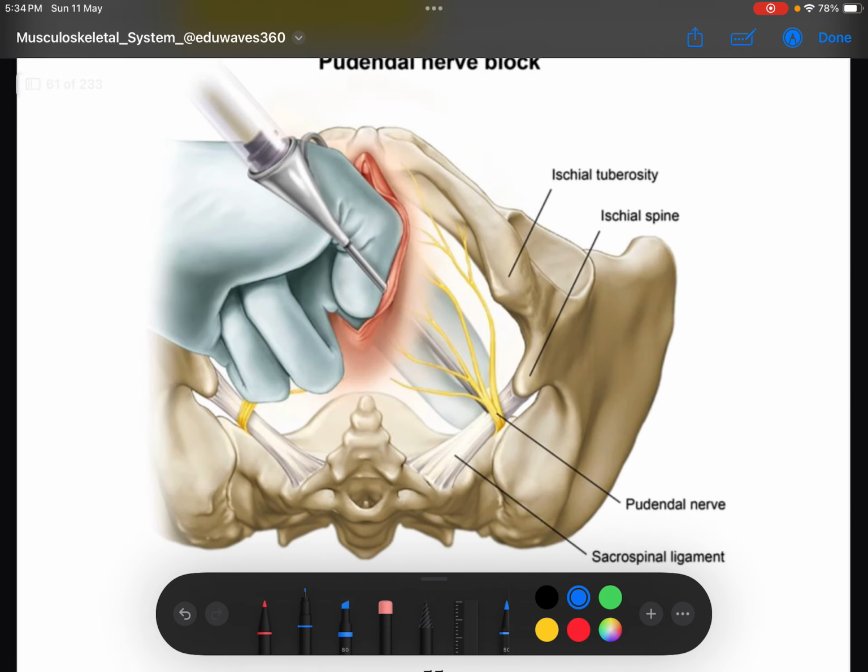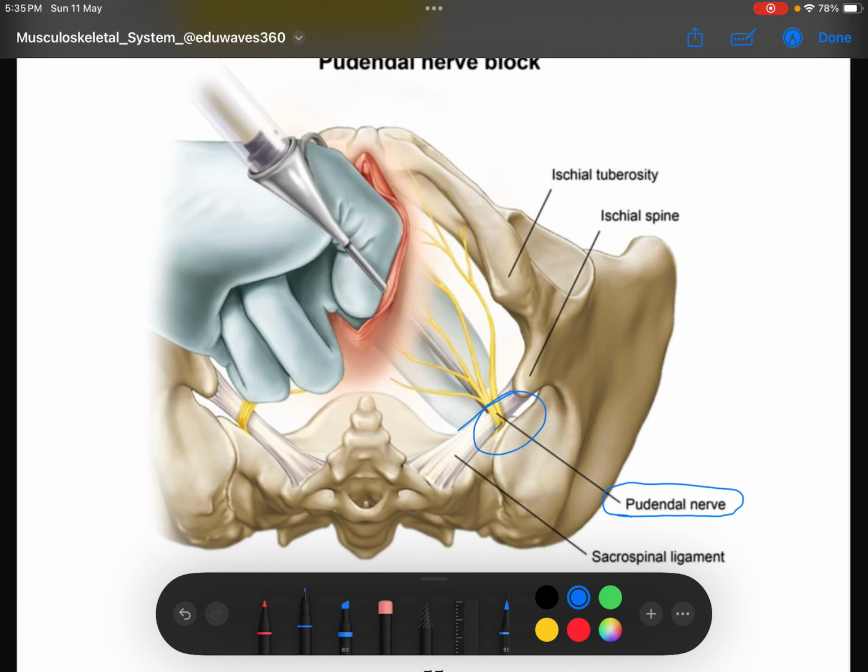If you are seeing here, this is the ischial spine. Around the ischial spine it curves and re-enters through the lesser sciatic foramen into the perineum. It travels within the Alcock's canal, that is the pudendal canal. We call it Alcock's canal or pudendal canal.